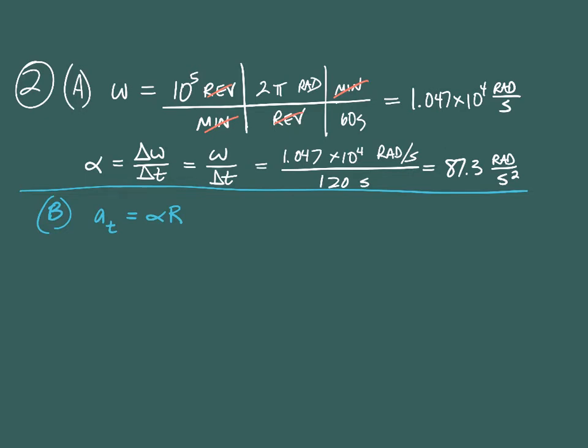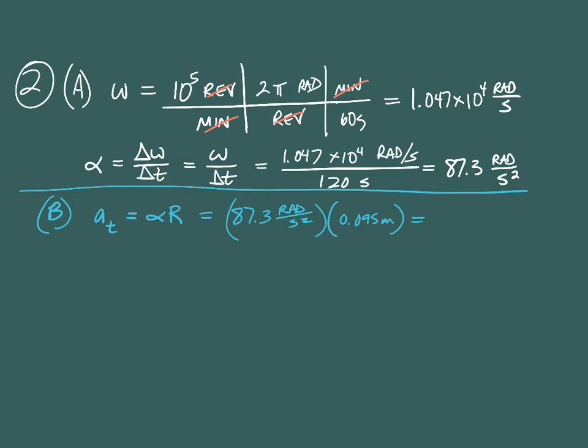So this one is relatively simple. 87.3 rads per second squared times the radius, which needs to be in meters, is going to be 0.095 meters.